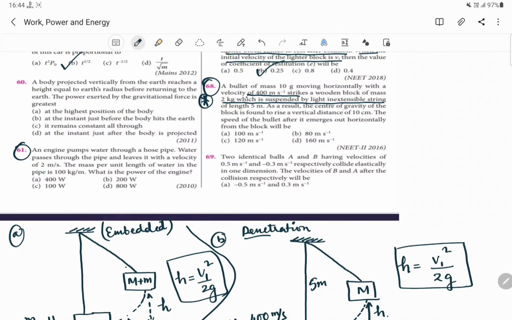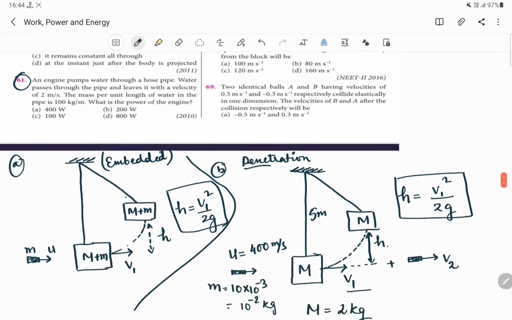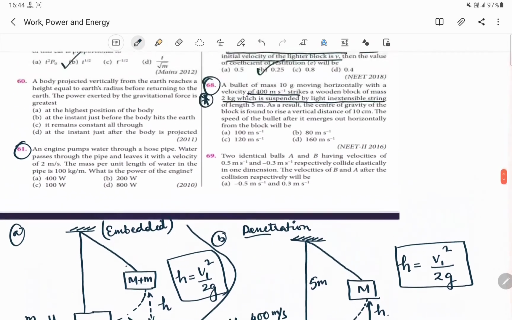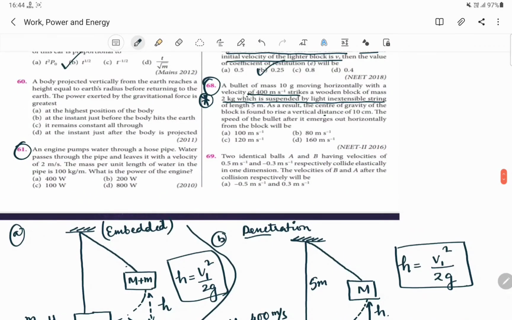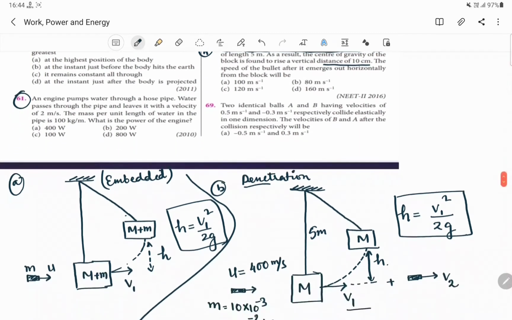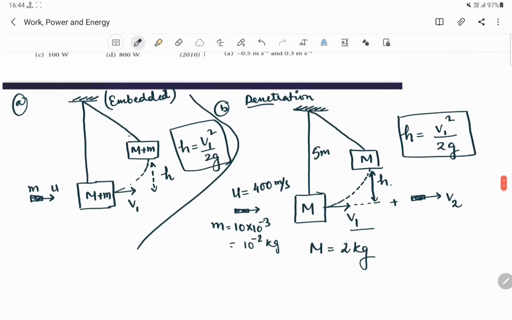As a result, the center of gravity of the block is found to be raised. Center of gravity means this wooden block is raised by a vertical distance equal to 10 centimeter, so height h is also given as 10 centimeter, or we can simply write it as 0.1 meter in terms of our standard unit.